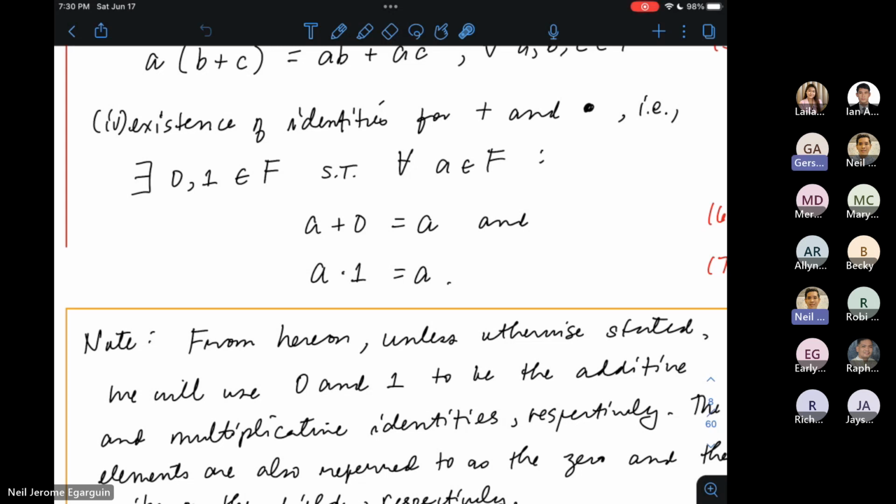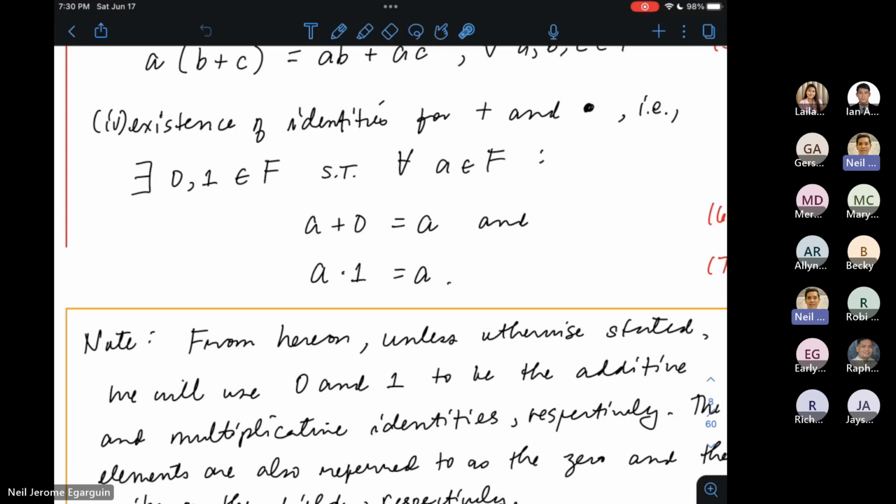Zero. Zero, sir. Yeah, thank you, Jerson. Yeah, si zero, right? So si zero, siya yung additive identity sa usual addition of real numbers. And in multiplication, 1 serves as the identity in usual multiplication, right? Because if you multiply a number to 1, the answer is the number itself. And this is true for any number in the set of real numbers.